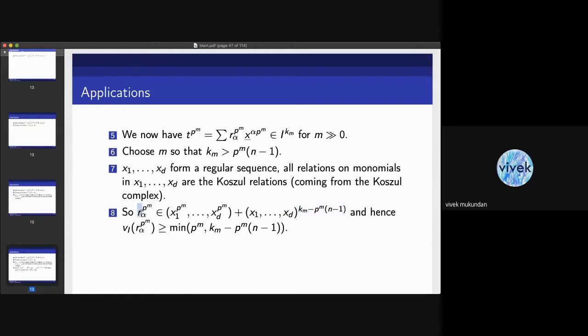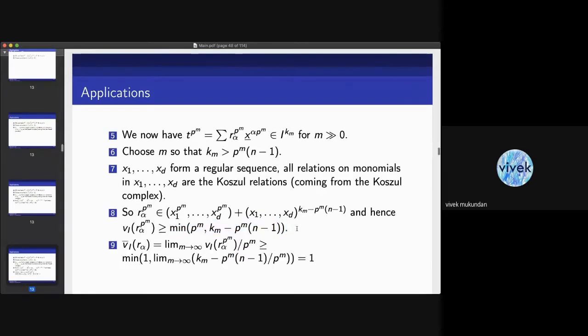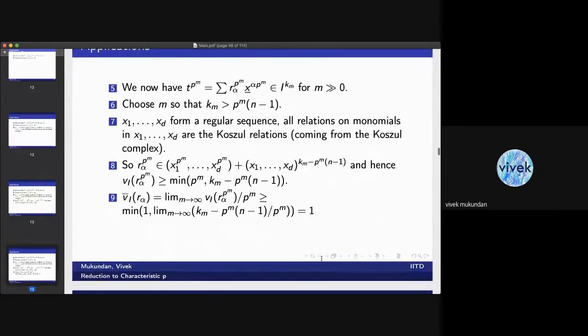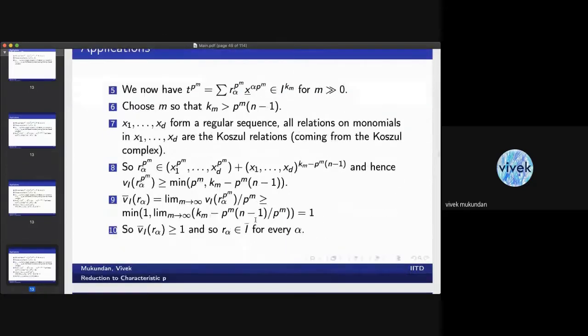And hence, the v_I element is bigger than the minimum of p^m and k_m - p^m(n-1). So if I look at the v-bar, that is just taking this, dividing it by m, and then taking the limit, you will see that it's actually equal to 1. That's like saying that the v-bar of r_alpha is bigger than or equal to 1. So r_alpha is actually in the integral closure for every alpha.